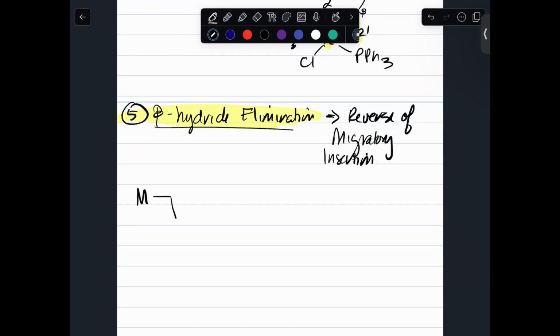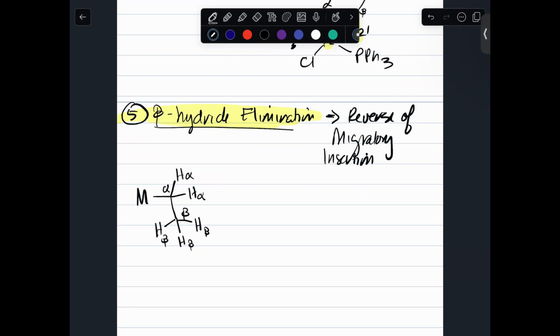Just like I mentioned, we talked about a couple of terms. The carbon bonded to my metal is known as my alpha carbon, alpha hydrogens, and the carbon next door to that is known as my beta carbon and beta hydrogens.